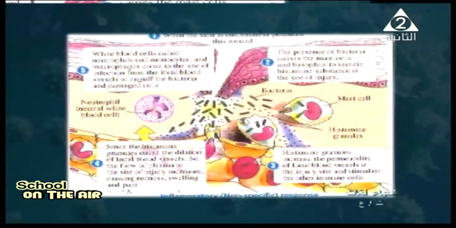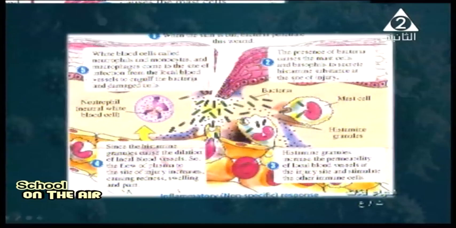After the bacteria enter, as you can see in the figure, this is the bacteria. Bacteria enter the skin, the mast cell engulfs them. Engulf means take it inside the cell, and the histamine granules are secreted. These are the histamine granules.